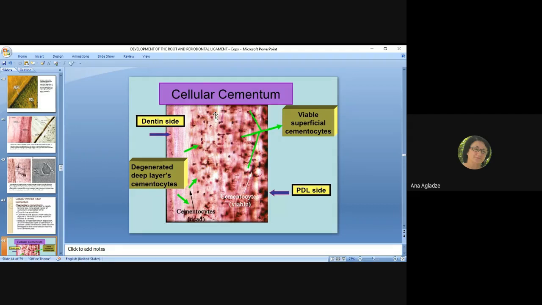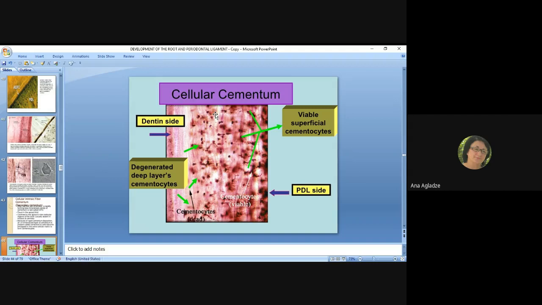Cellular intrinsic fiber cementum originates pre-eruptively in the area of root furcation and post-eruptively in the apical regions. It is always the first layer of cellular mixed fiber cementum, and in subsequent layering of cellular mixed fiber cementum, it forms the intermediate layer.